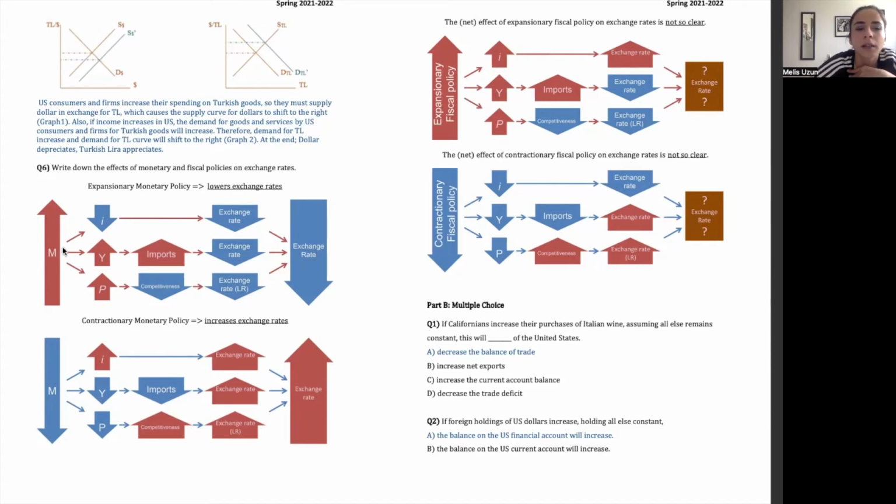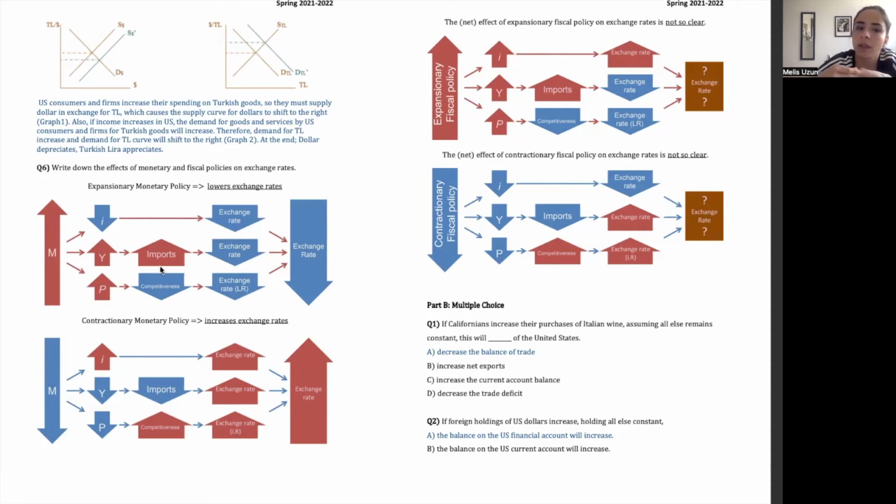And if the interest rate decreases, consumption and investment will increase, and it will increase the income. If the income increases, our imports will increase because we have higher income. We can buy from foreign countries now. So when our imports increase, demand for domestic currency will decrease, and demand for foreign currency will increase.